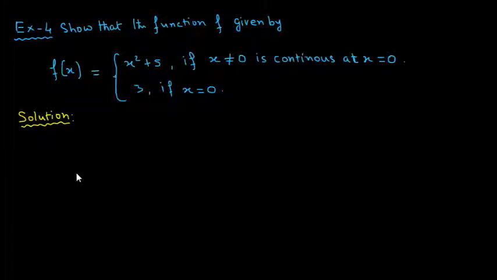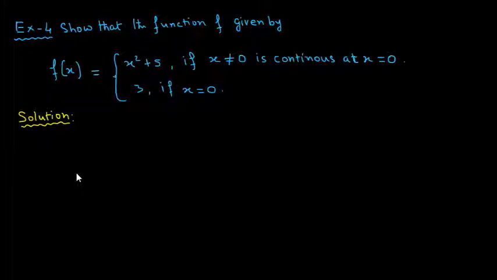the function is defined at x is equal to 0 and its value at x is equal to 0 is 3. When x is not equal to 0, the function is given by a polynomial.